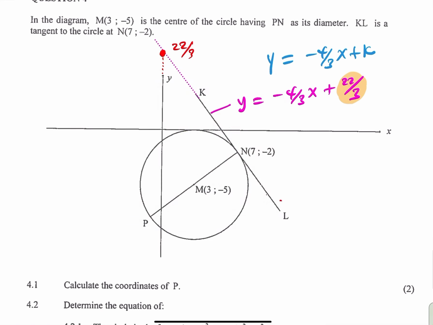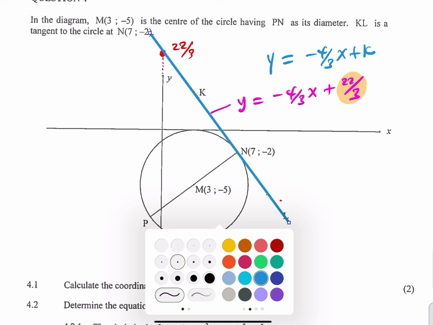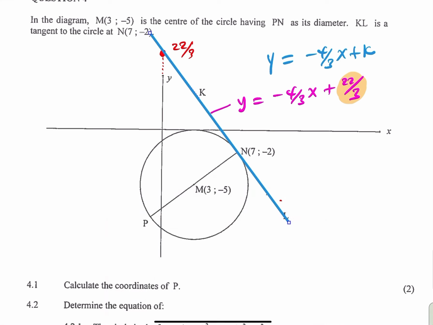Now I'm going to draw this line. This line is really parallel to the tangent line. Let me make it a bit bigger there. But yeah, it's fine.